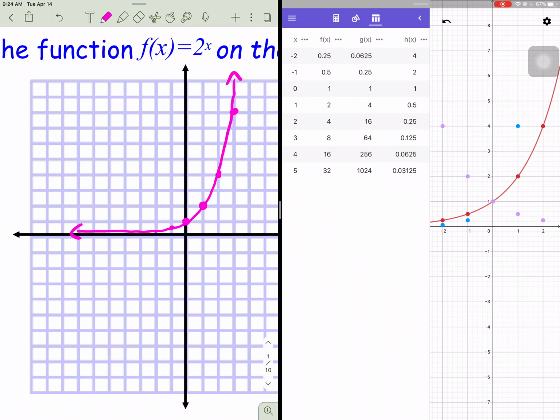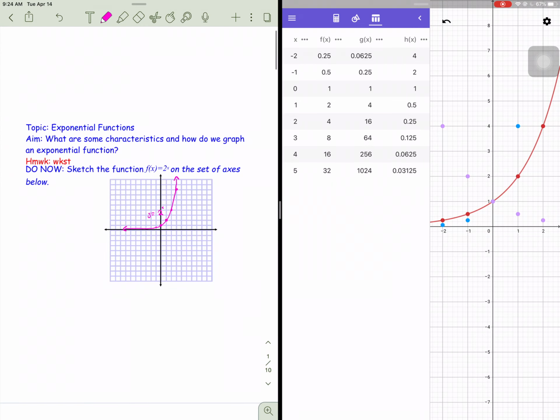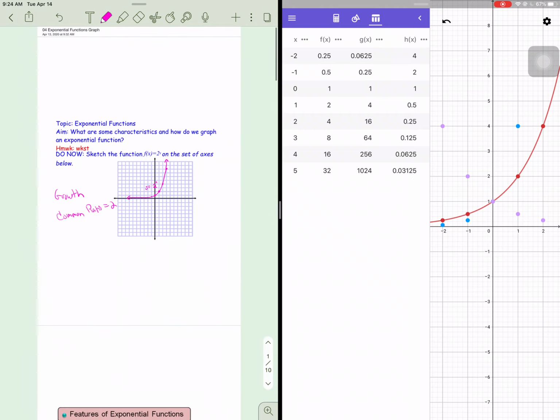I just draw an arrow and an arrow. This is y equals 2 to the x. Exponential growth, right? Because it has a common ratio of 2. It's multiplied by 2 as x goes up by 1.